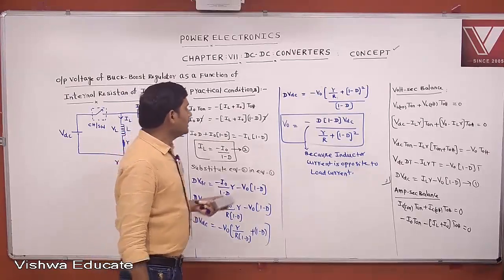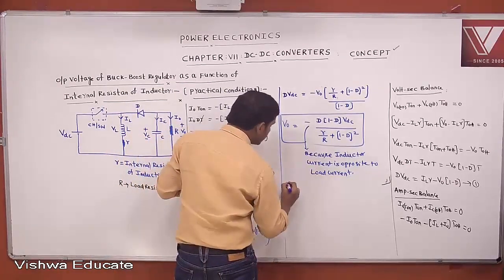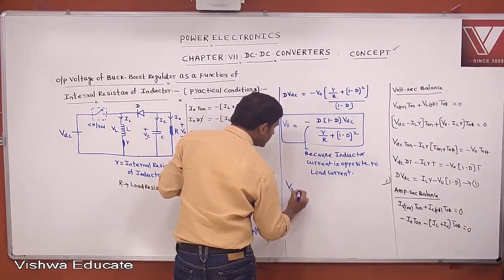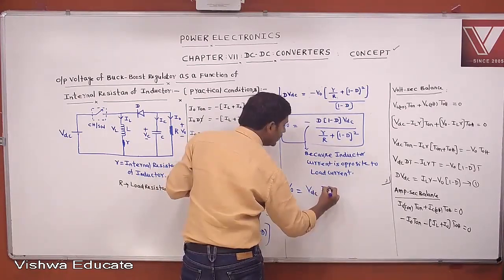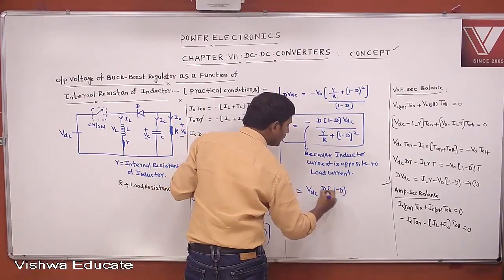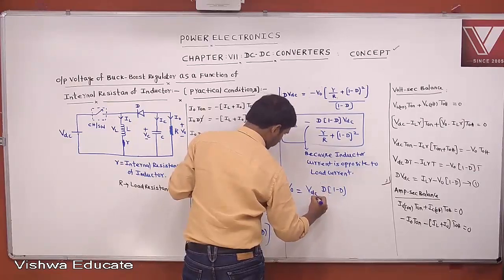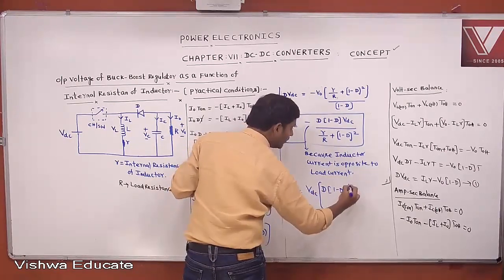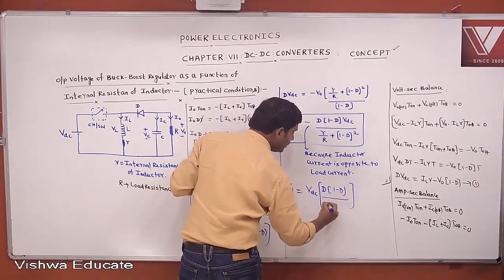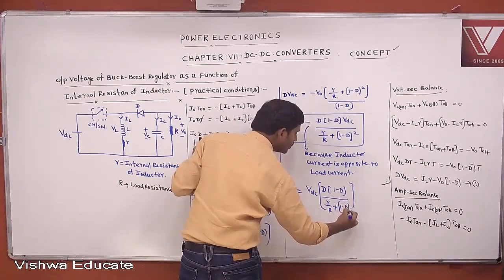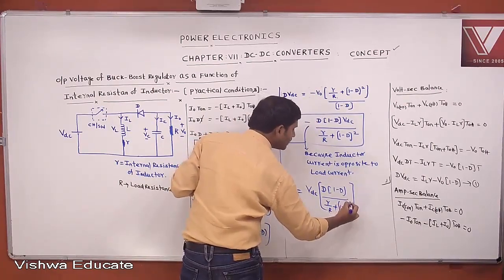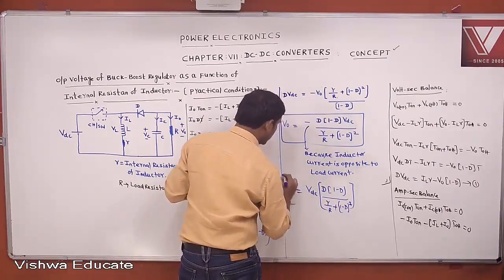Then you write this one without any negative sign. This is V naught equal to VDC into D into 1 minus D by small r by capital R plus 1 minus D whole square. This is the expression for average output voltage.